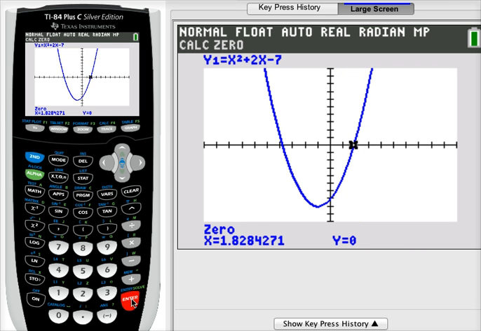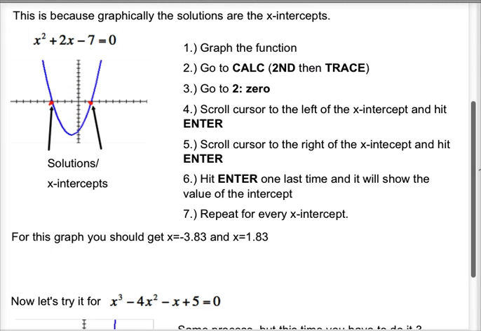And then you've got it: 1.8284271. And all I'm really expecting is for you to be able to write down 2 decimal places, so you can just call that 1.83, and that'll suffice. In this case, where there are 2 zeros, that's all you have to do. And if you look here, I did give those to you, so you'd automatically have them. To find zeros using the calculator, that's really all there is to it.